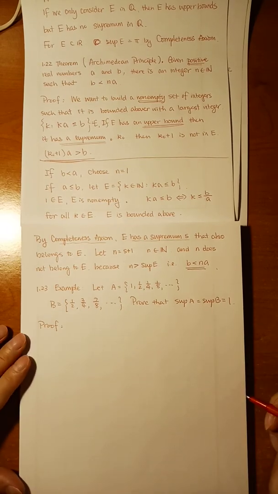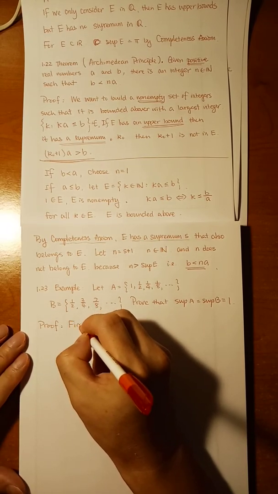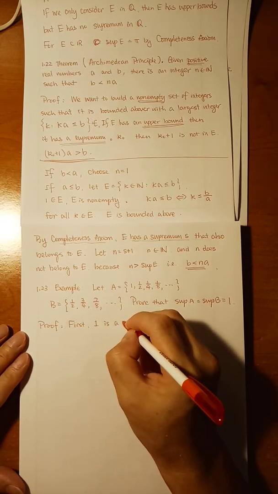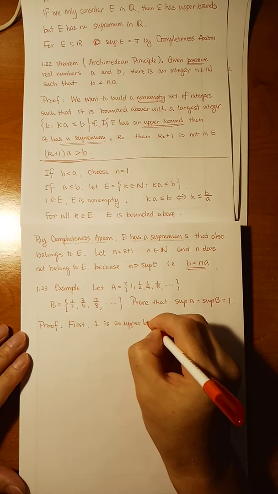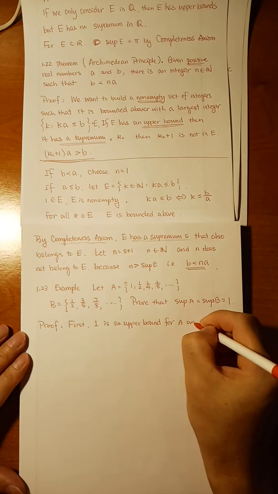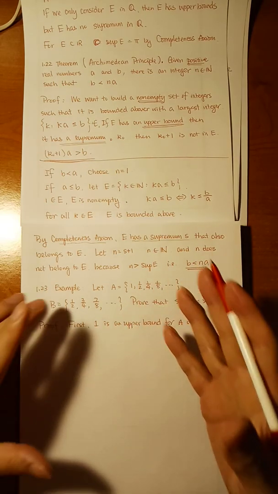So first, 1 is a supremum, sorry, an upper bound for A and B, because 1 is greater than or equal to any of the elements.